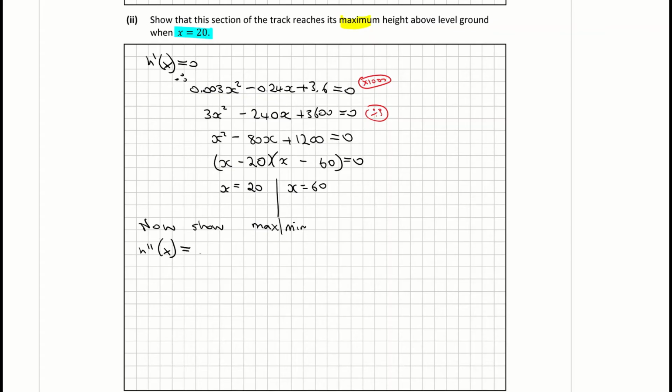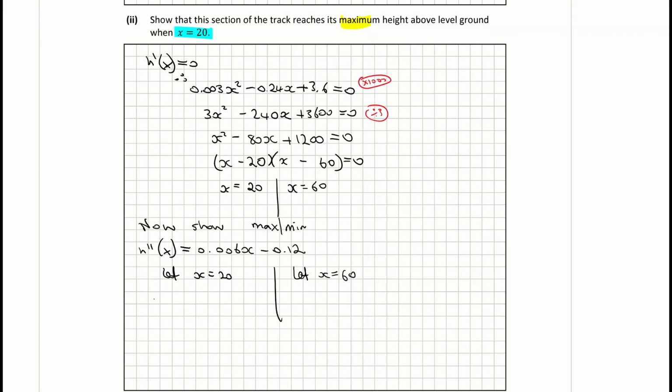And that is getting me 0.006x minus 0.12. And the rule tells us then we sub in our values for x. So I'm going to let x is equal to 20 and let x is equal to 60. So all I'm doing here is proving which one is the maximum.